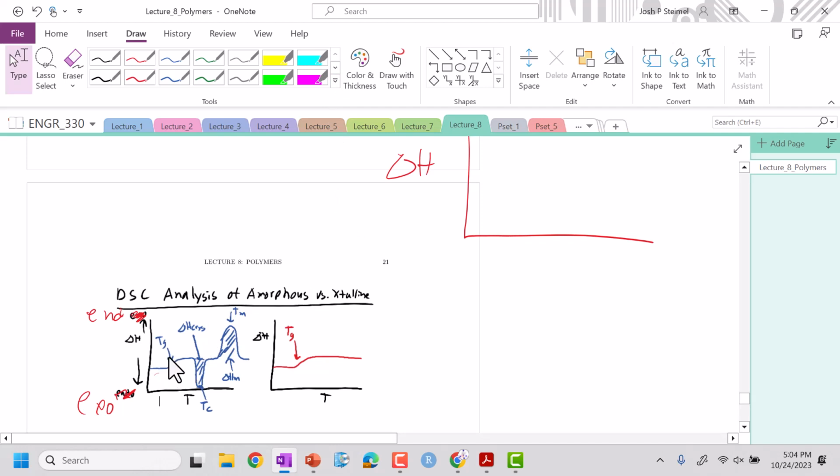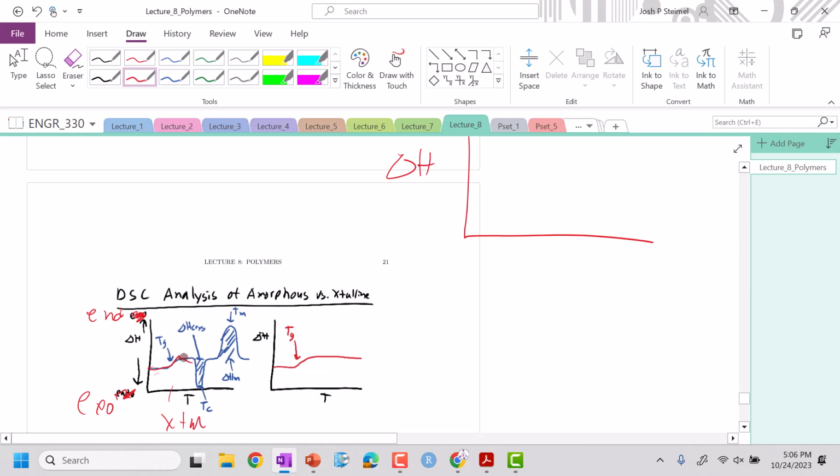Every polymer will exhibit this. This is a semicrystalline polymer. We see that the slope is going up because we're absorbing energy. So endo, we're absorbing energy in order for those molecules to start to move.